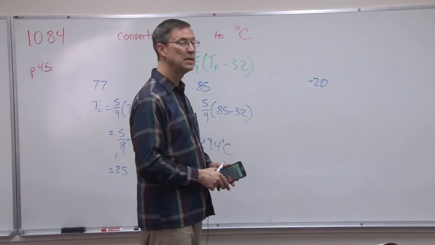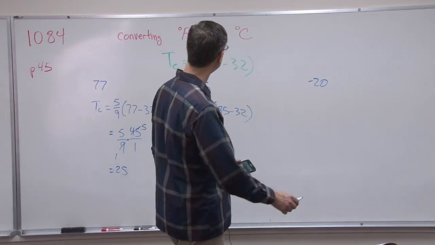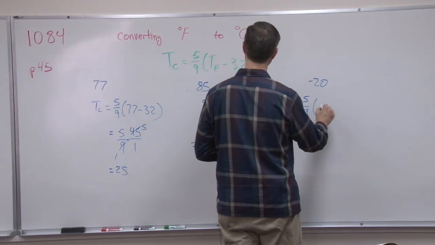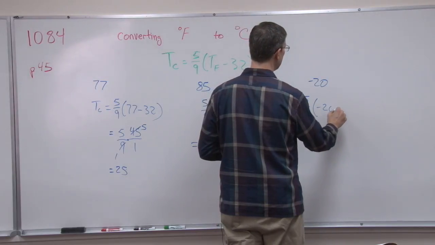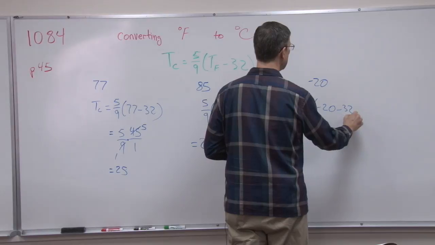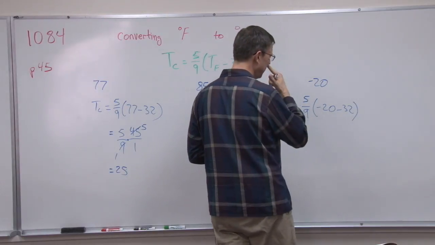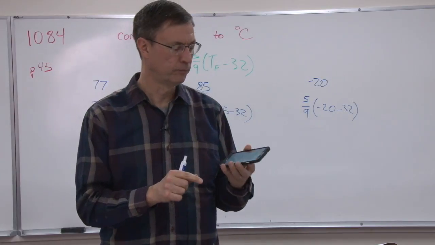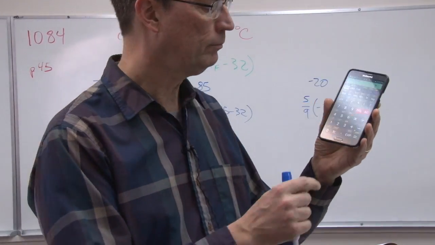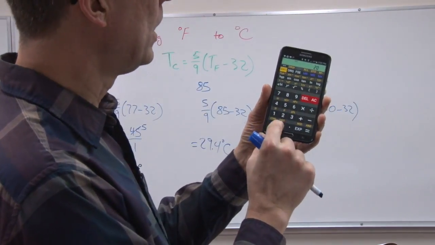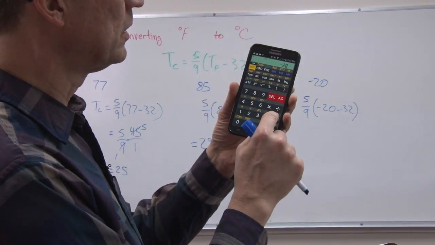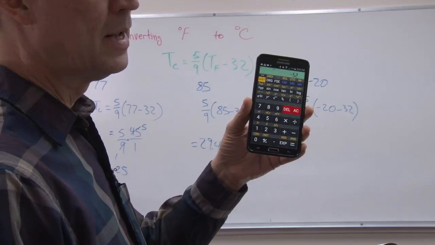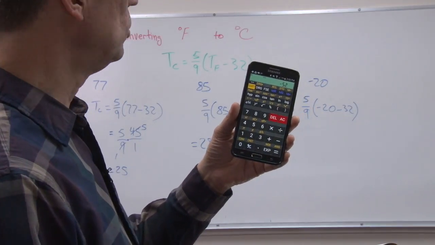Now let's use a negative number, 5/9 times, I'm going to plug in the negative 20 minus 32. Now again, using a calculator is going to make this problem a little easier. So I'm going to put in the 20 with a negative in front of it, subtract 32 and hit equals. Make sure you hit the equals. So I have negative 52.